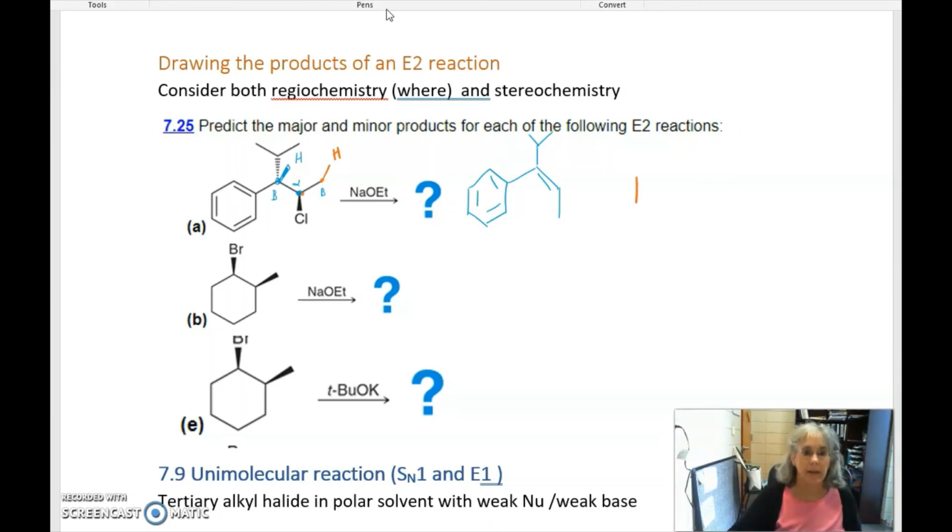And for this we'll get... So for this reaction, we've got our bromine on a wedge here, and we have a hydrogen that's on a dash in this direction.